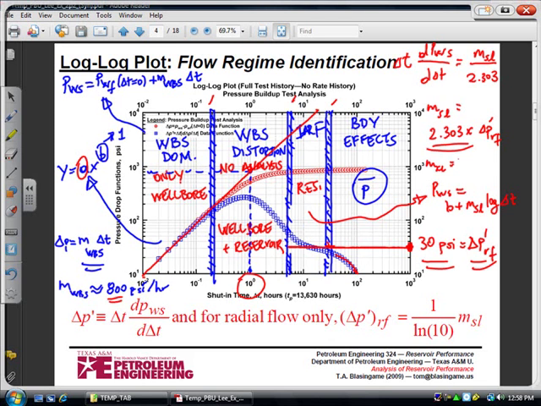It is 2.303 times 30, which is like 70. So it will be like 70 psi per cycle. And then in the early time Cartesian plot, the slope we are going to use is this 800 psi per hour.